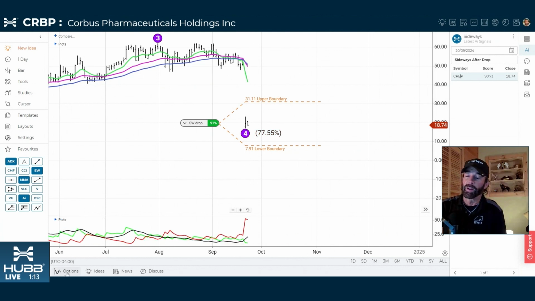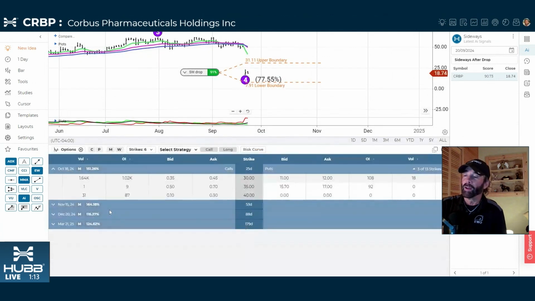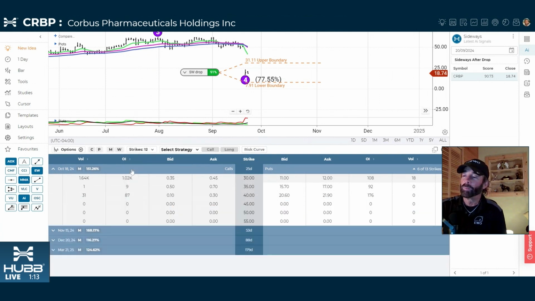But this is where you come to the other side of the coin, and that's where we start looking at options. The problem here, we look at the put side, and you can see the spreads are kind of wide.